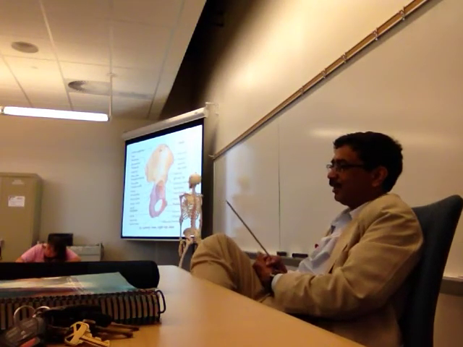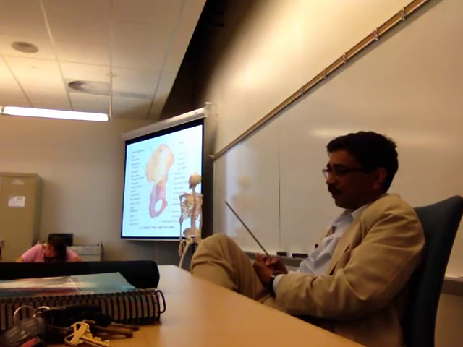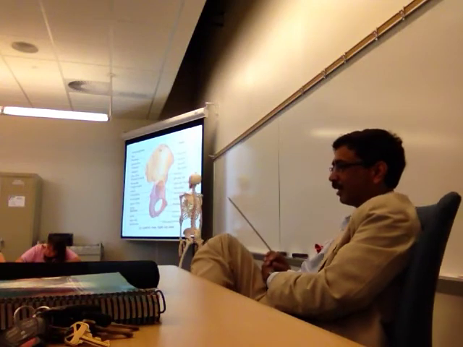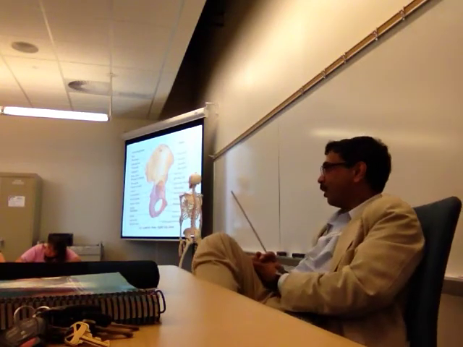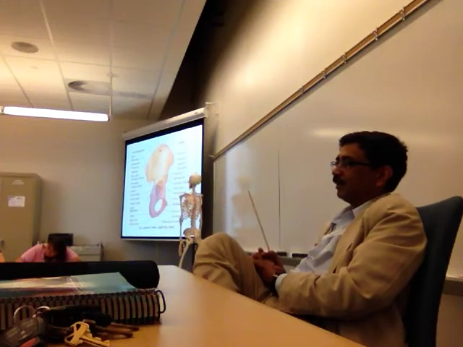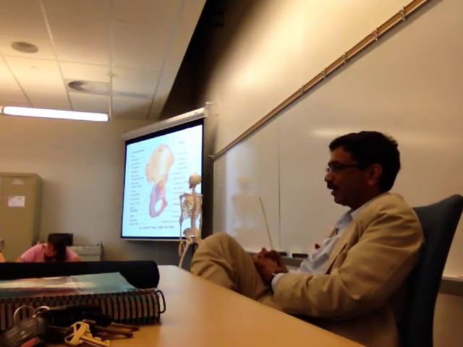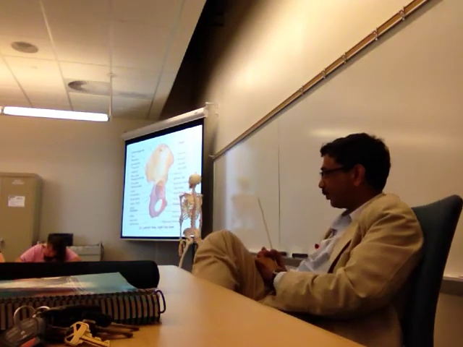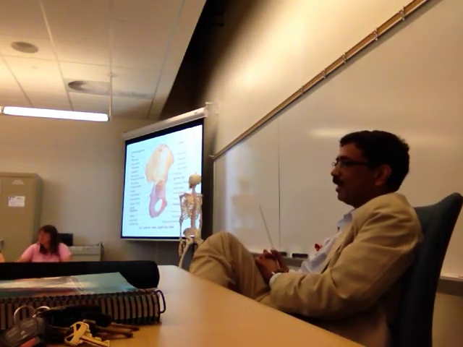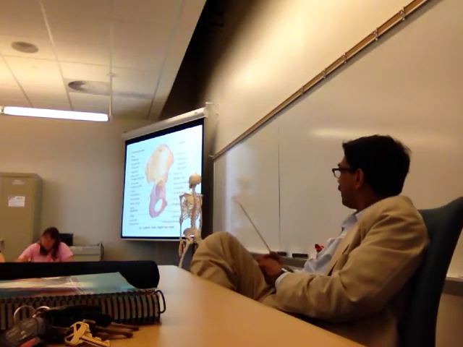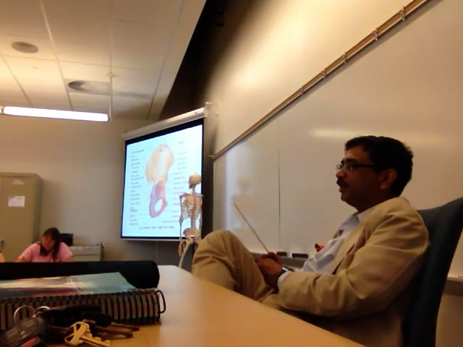So just remember that the ilium is the upper part of the hip bone and it has a crest, the iliac crest, the whole upper border, okay? Then in the front you have 2 spines, anterior superior, anterior inferior. In the back you have 2 spines, posterior superior, posterior inferior. Then if you go to the lower part, the lower back part is called the ischium.